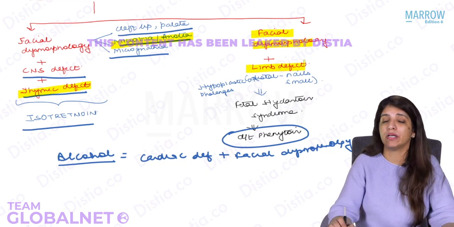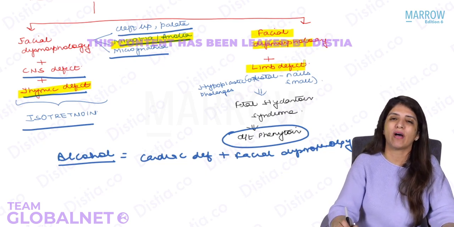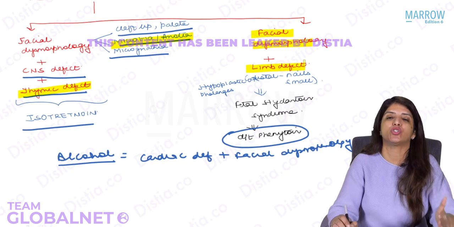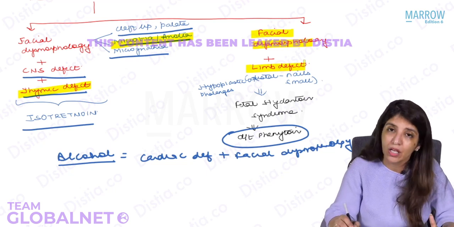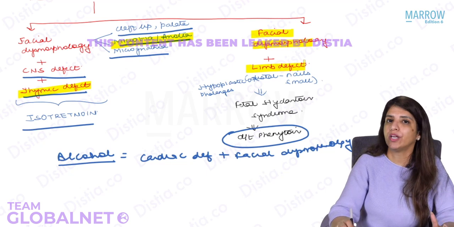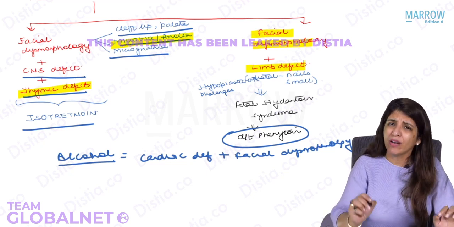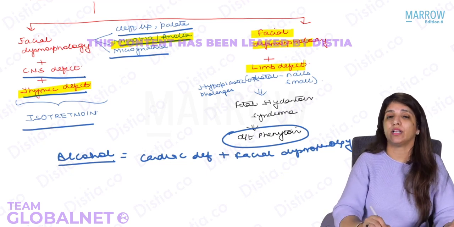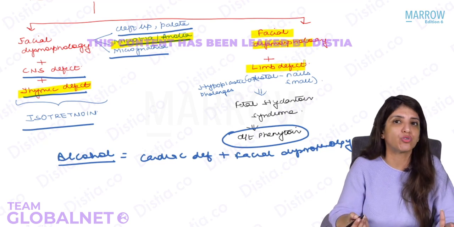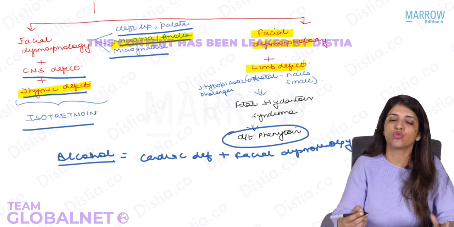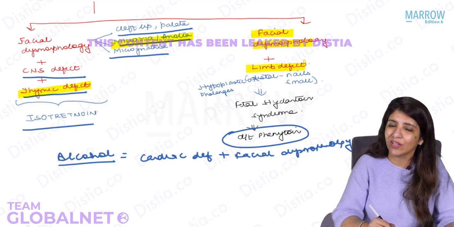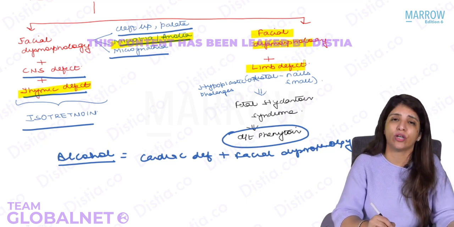But please remember that fetal hydantoin syndrome has a very, very close resemblance to fetal alcohol syndrome. Right? Both of them have very close resemblance. One feature which may help you in differentiating whether they are talking about fetal hydantoin syndrome or fetal alcohol syndrome is, obviously, the history.